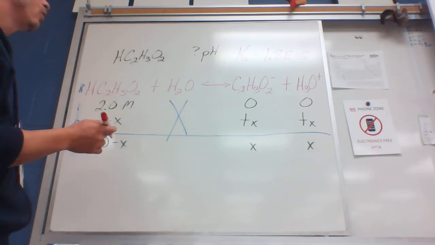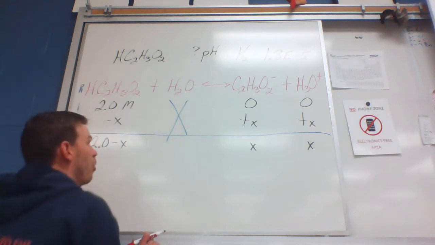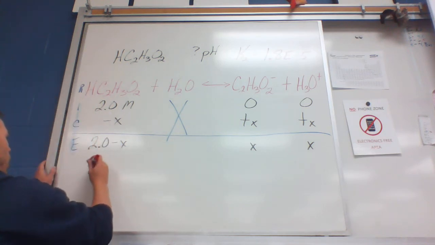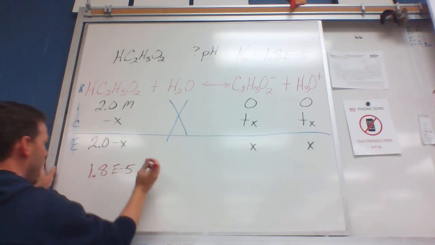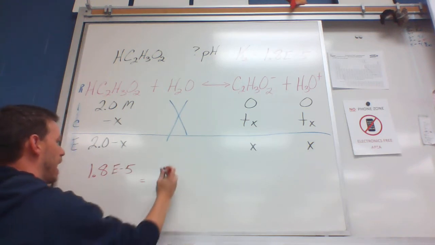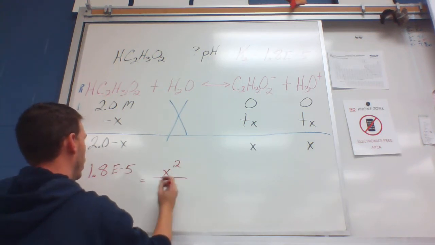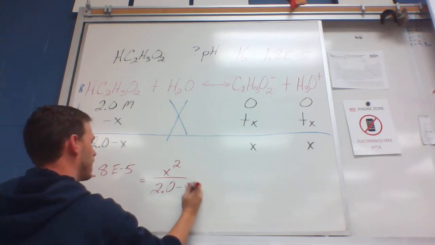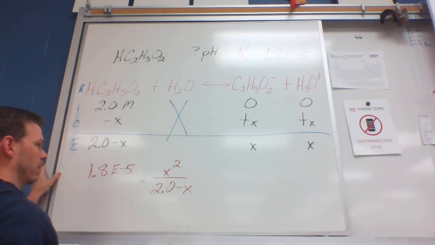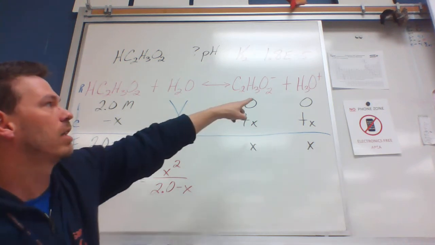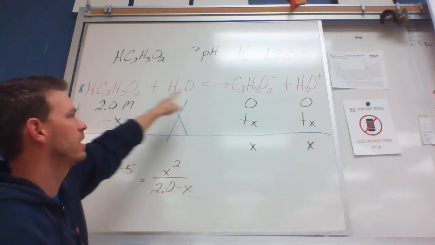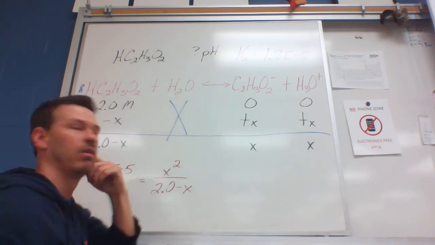All right. So if we move forward and solve here, we're going to end up with 1.8 E negative 5 equals x squared over 2.0 minus x. Because when you add the acid to water, it's going to produce hydronium.